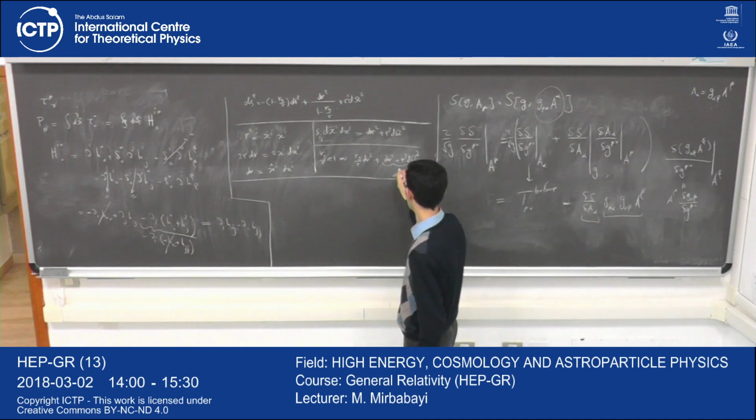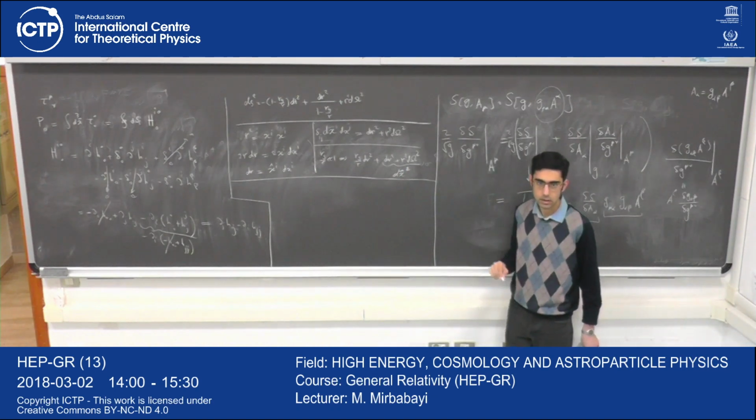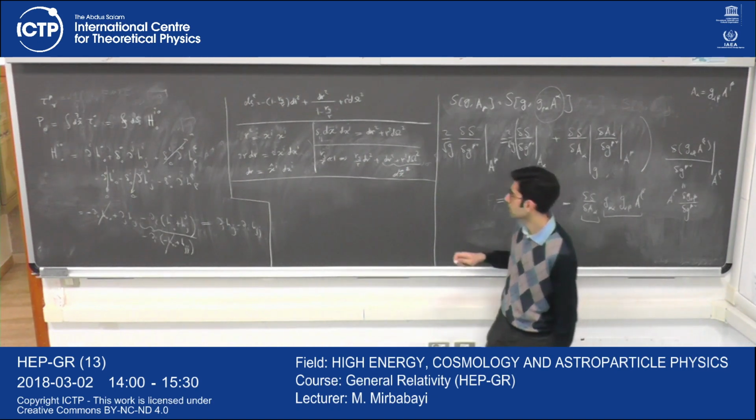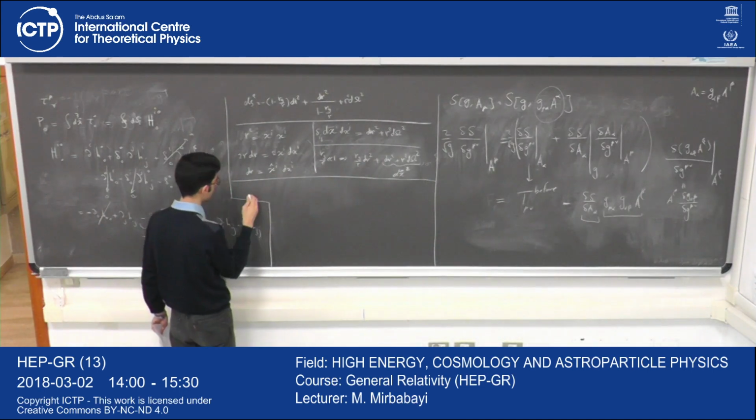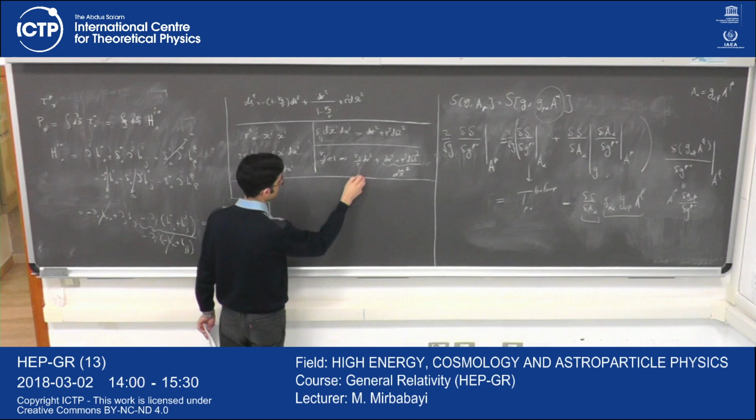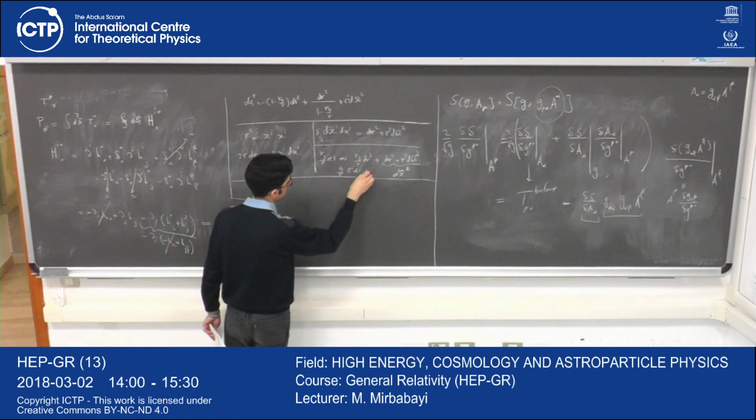So this is just the flat Euclidean metric in Cartesian coordinates, and this term I can substitute from here. So this term becomes Rg over R x hat i x hat j dxi dxj.